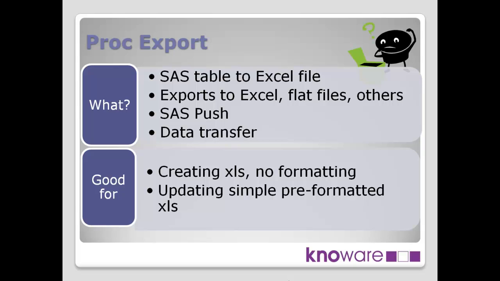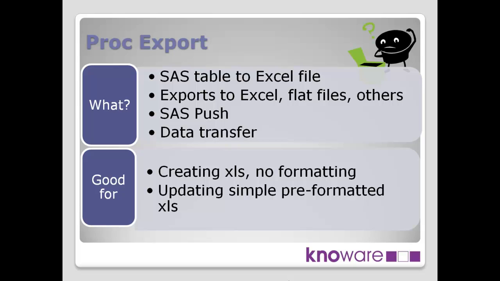What is this technique? What it allows you to do is run a procedure that does a very simple job. It simply takes a SAS table and creates an Excel file from that SAS table. As well as creating Excel files, it also allows you to create files of other types: flat files, comma-separated files, Lotus files, dBase files, a range of different file formats.